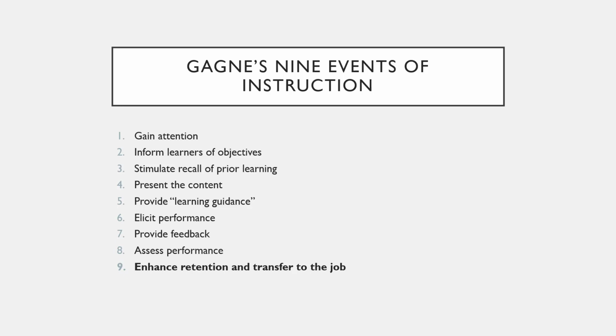So at the very beginning of this series of steps, you prep them to incorporate this new knowledge into what they already know, and now you're going to prepare them to reuse this in a future situation. So again, job is used very liberally here. If you look up videos of the 9 events of instruction, I was first introduced to this topic with a video demonstrating to military police how to handcuff somebody.